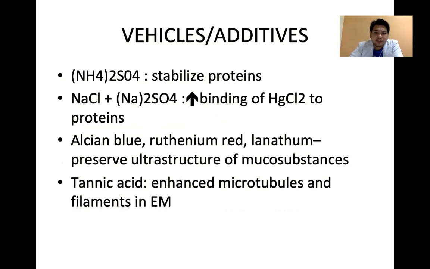Okay, so vehicles and additives. Okay, it's like a buffer. It's stable. Okay, that speeds up fixation. But vehicles and additives, okay, have different types of purposes. There are stabilized proteins like ammonium sulfate added with sodium chloride, which increases binding of mercury chloride to proteins.